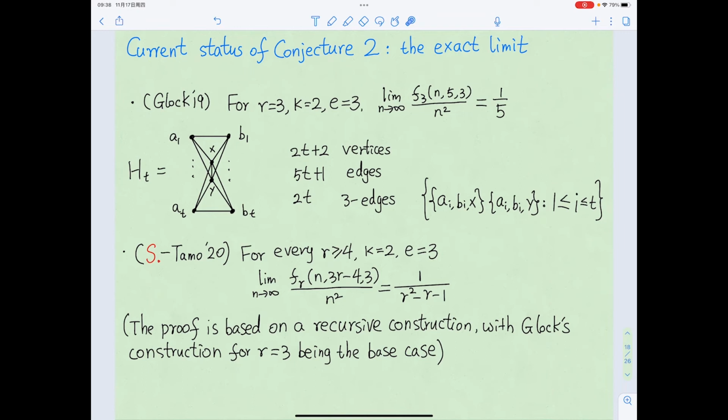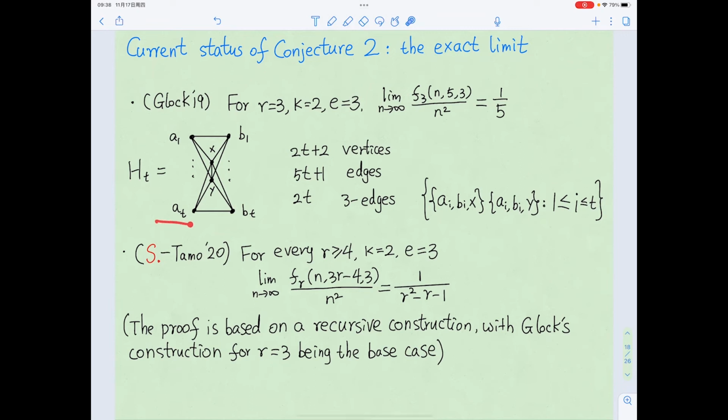As mentioned before, this result of Glock is based on the approximate decompositions of certain graphs, such as the graph H_t.